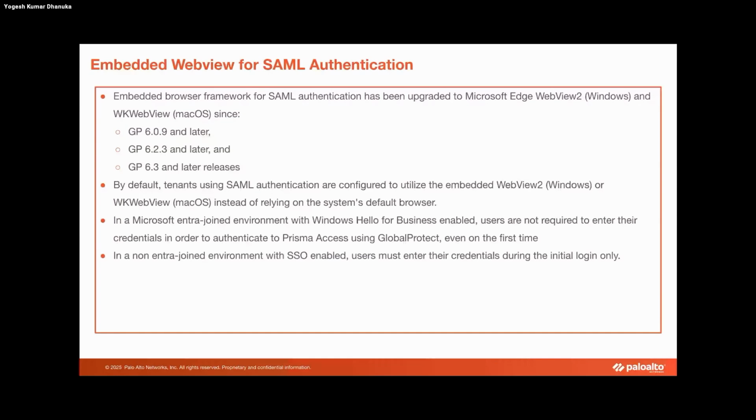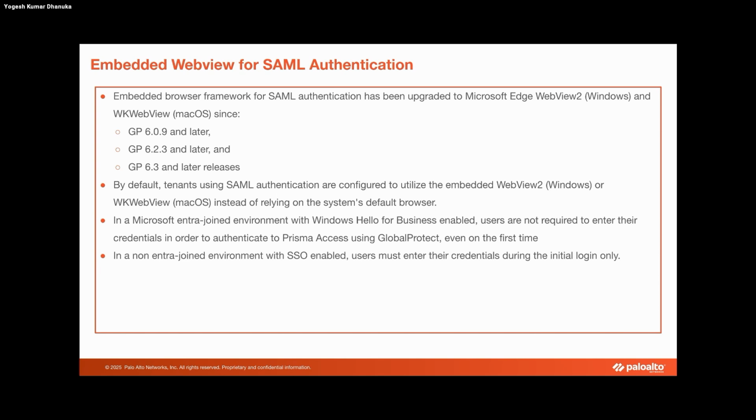There has been an enhancement in the web view for SAML authentication. When I say web view, it's specifically for the embedded browser. The versions mentioned here, 6.0.9, 6.2.3, and 6.3 and above, have been upgraded to WebView2 for Windows and the newer web view for macOS. This makes sure that the embedded browser works better.